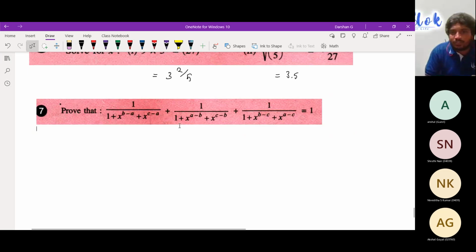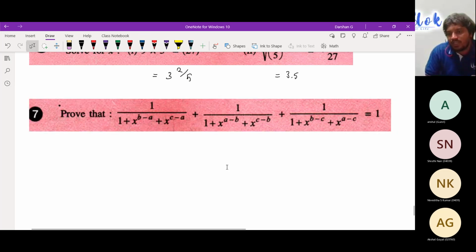You guys can try this question. I thought of having this as a last question, so we'll have one more question, no problem. This is a typical question again. You cannot solve this by some different method. You have one given method, so you should solve in that method itself. And that's the easiest method. Please try this and prove it as 1.